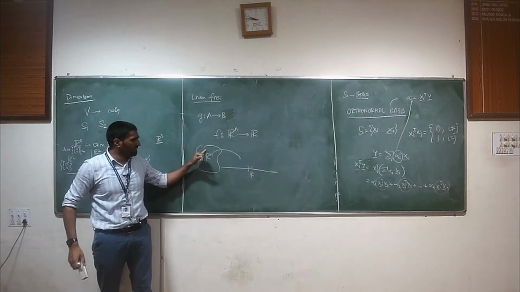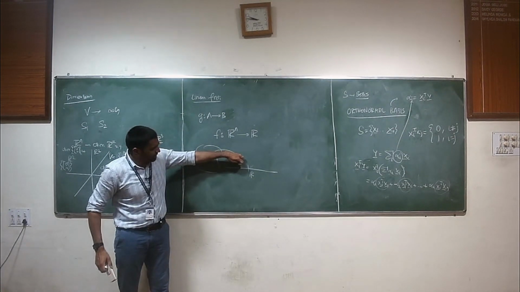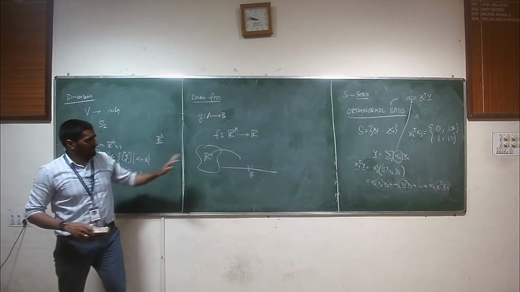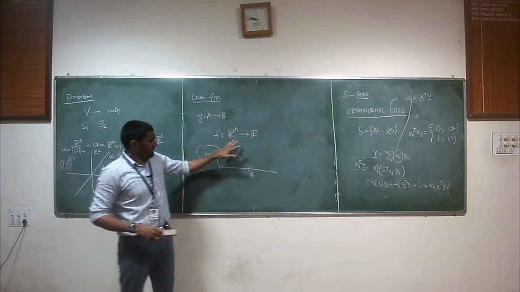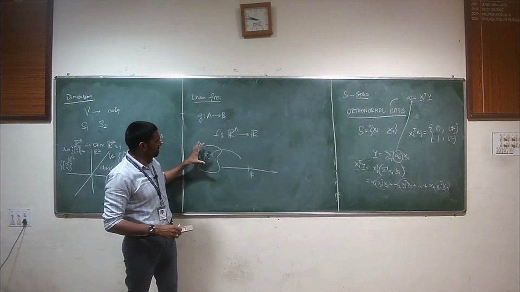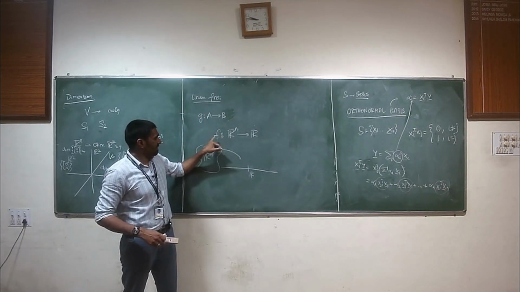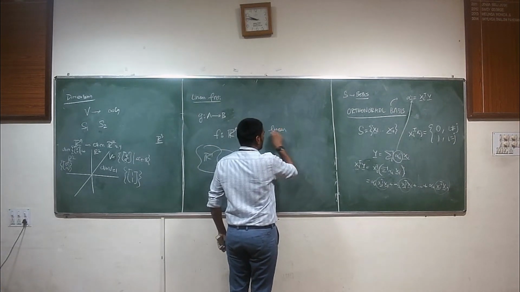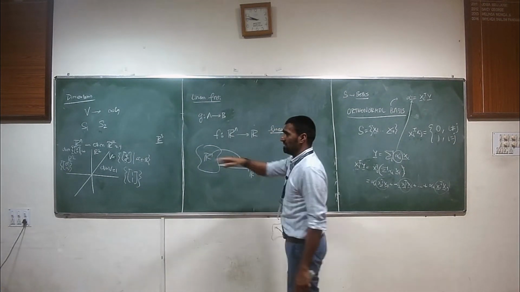Every element here will point to some number on this line. But that does not make it linear. This is simply a function that maps from Rn to R. This function f is called linear if it satisfies the property that I've said here.